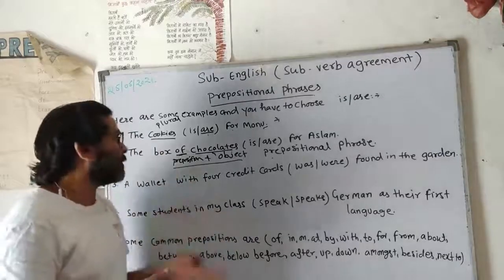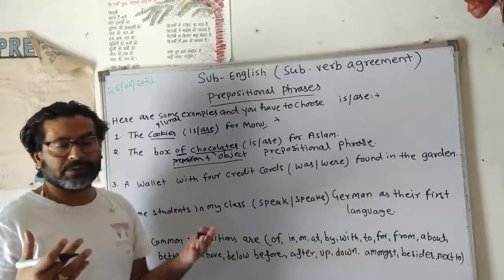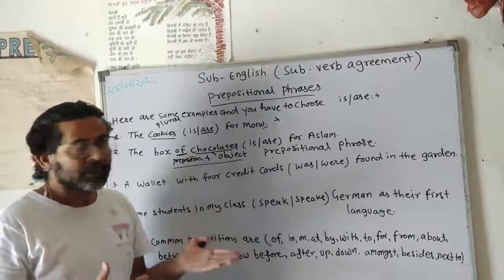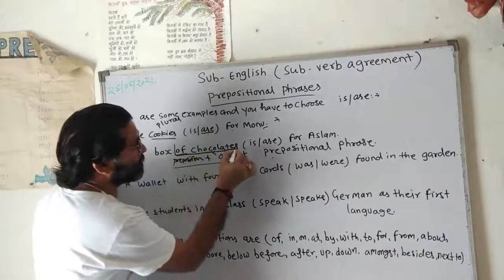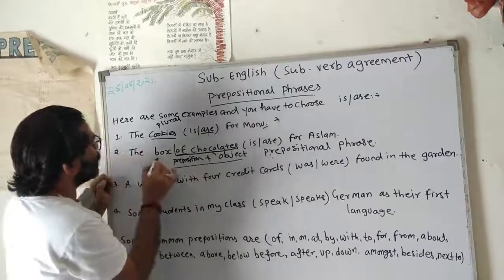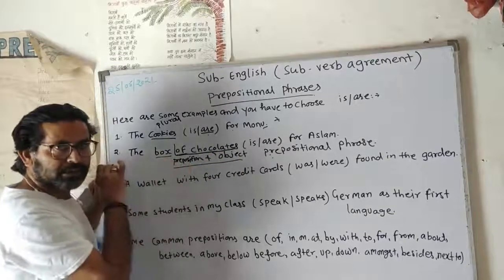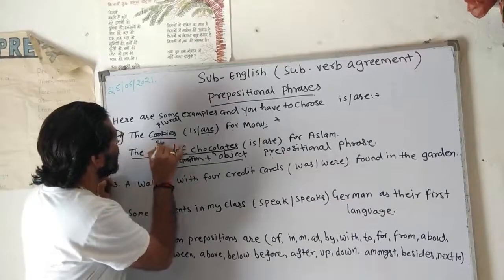Sometimes it tells about the quality or quantity, so it works like an adjective. So of chocolates is a prepositional phrase in this sentence, and of chocolates talks about what? The box. So box is the subject in this sentence.